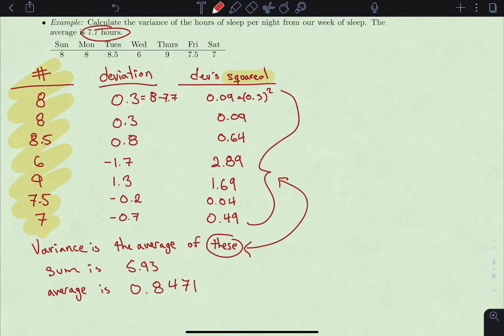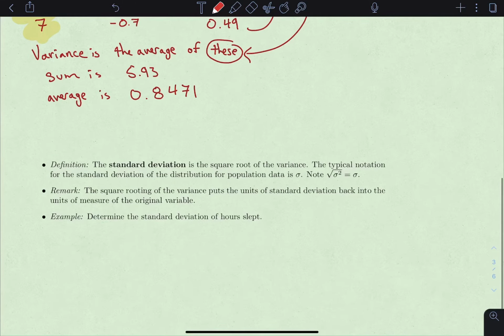And then finally, let's scroll down a bit and let's talk about the standard deviation. The standard deviation is the square root of the variance. So we'll take that number, which is the variance, and take its square root. There's some typical notation, a funny little Greek letter called sigma, lowercase sigma.